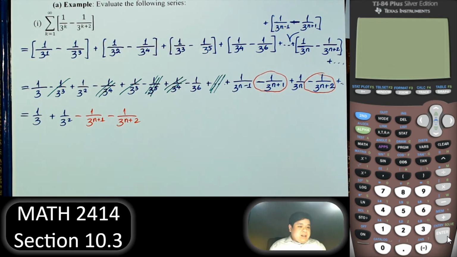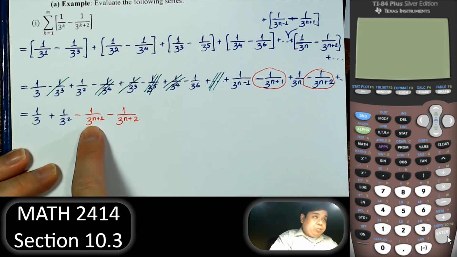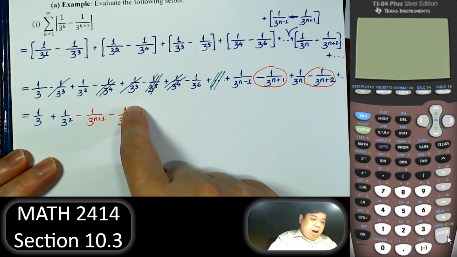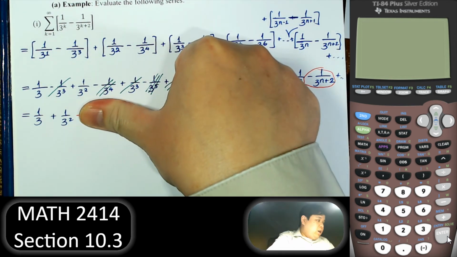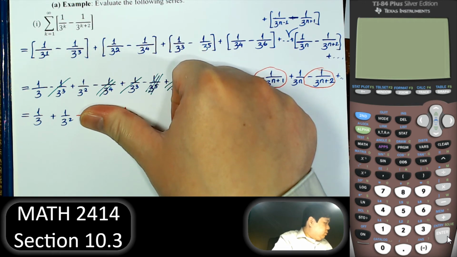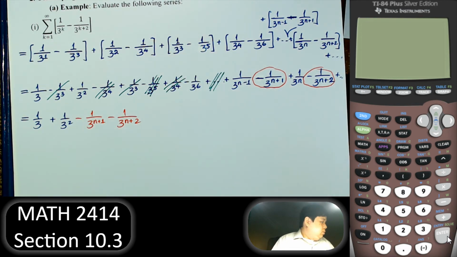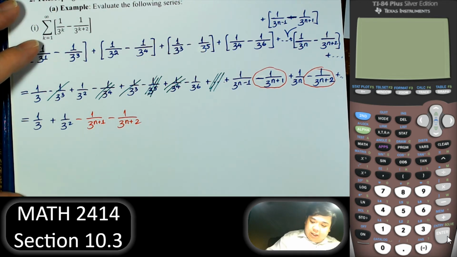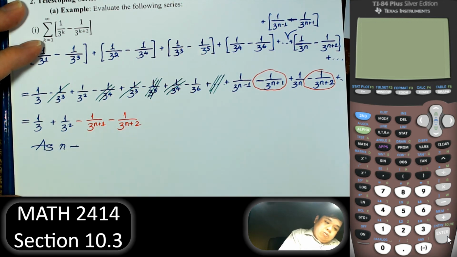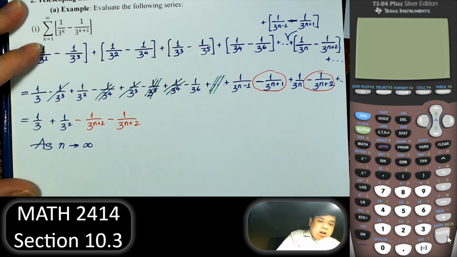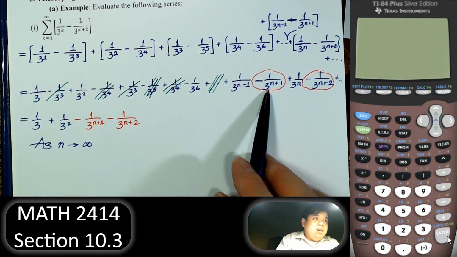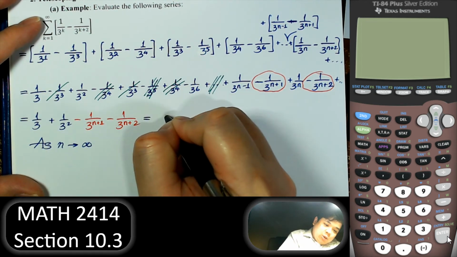Now, if it is like this, as n goes to infinity, that goes to 0, because finite divided by infinity goes to 0. We're left with this. So we say as n goes to infinity, usually they say we have k, but let's say if we stop at n, so we can say this is equal to s of n.